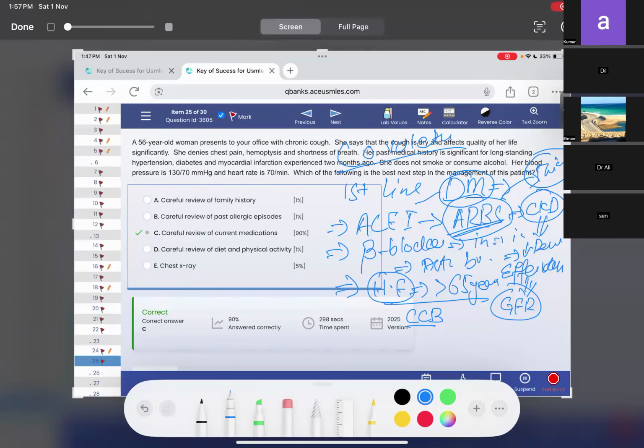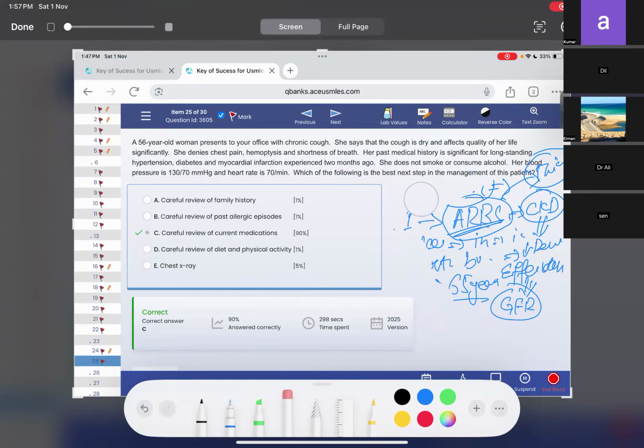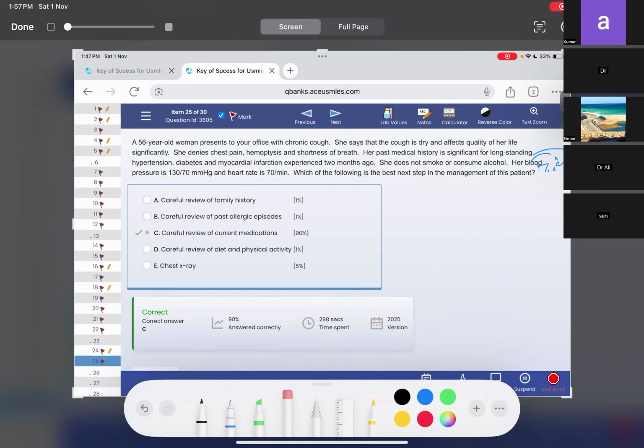Every time there are studies going on with patients, trials of different types of medications, and they try to give the best medication to the patient. So every year they are updating the medication.